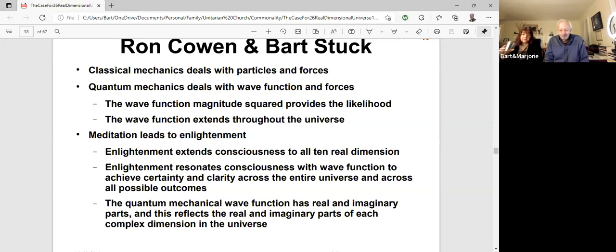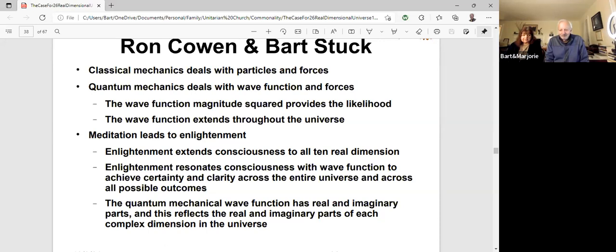So you have these dual things, but if you can achieve enlightenment, then you end up losing this duality. You have non-duality, and you're sensing with incredible certainty, with incredible knowledge of everything going on, which is another way of saying this is what Ron saw, he saw things with incredible certainty.